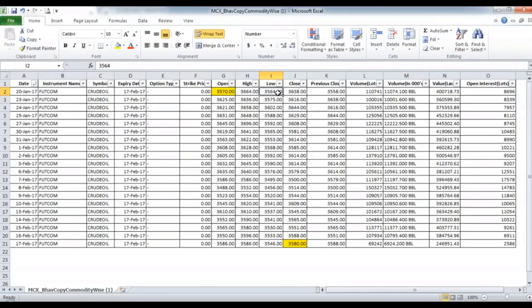Unless there is a holiday during the week, it will not close. It will close only on Friday night. Then Saturday, Sunday, it's a holiday, right? Again, it will start trading on Monday and go all the way till Friday. So during the night and during the day, it is all open. Anybody can buy and sell commodities at any point in time.